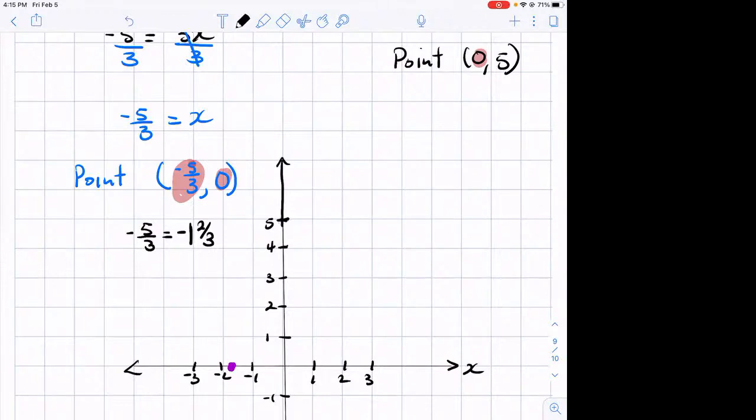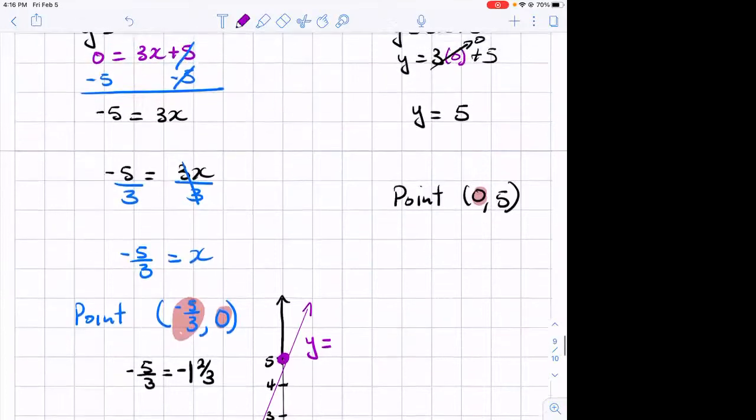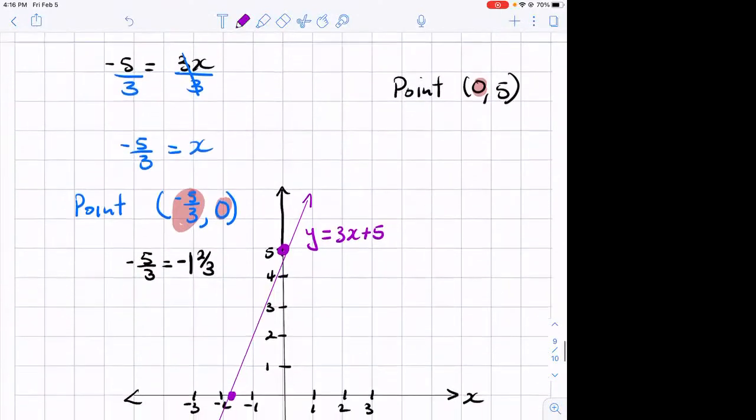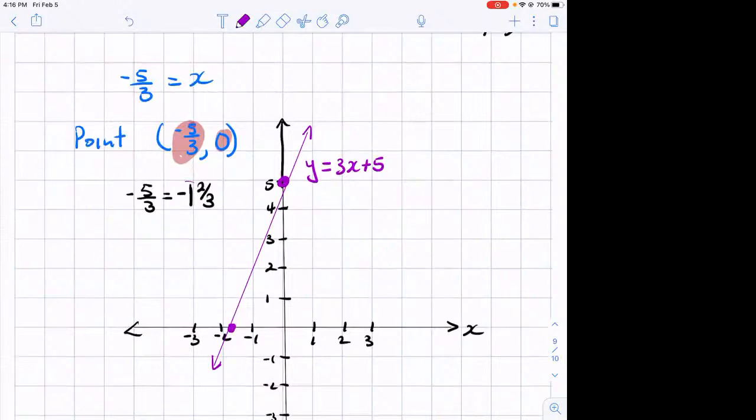So my 2 points that I have, I connect those 2 points, and that's my equation. Y is equal to 3x plus 5. So when you have a fraction to plot, you just have to be a little bit careful, right? Especially if it's a mixed number. And this is sort of like a good guess. It's a little bit past 1.5. Okay?